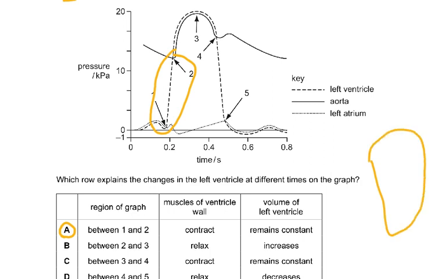Why is that constant? Because the atrioventricular valves and the semilunar valves are closed. So the ventricle is a closed chamber at this time, and the muscle is contracting and putting pressure on it. Then suddenly the semilunar valve of the aorta will open and blood will start flowing into the aorta, and that is the point you see here, in the graph of the aorta.